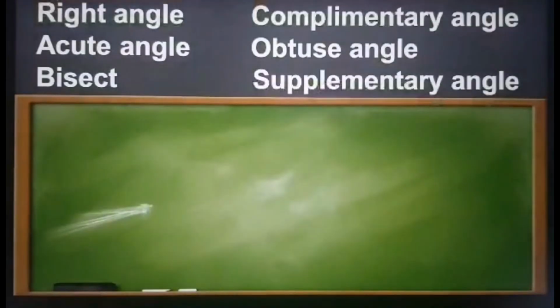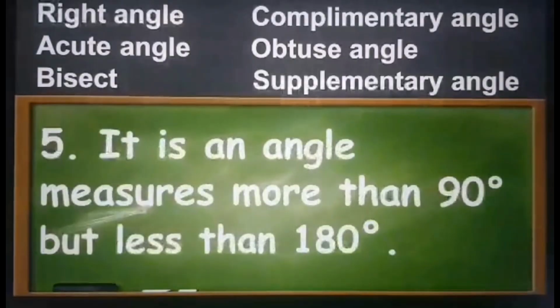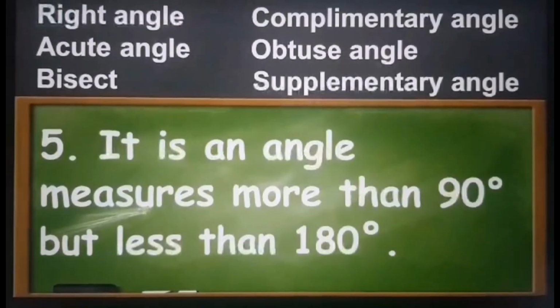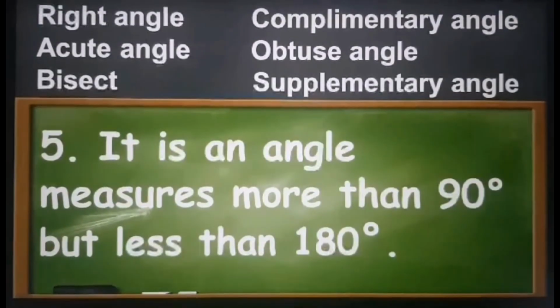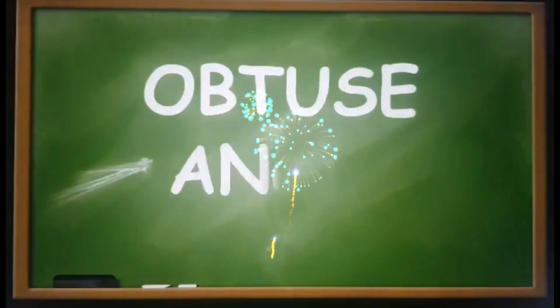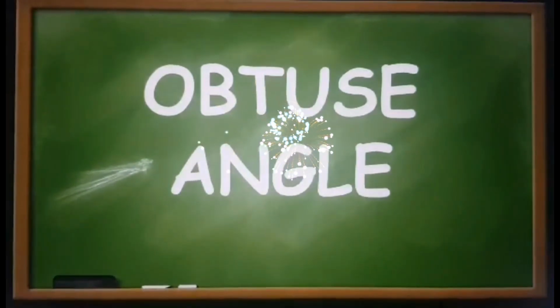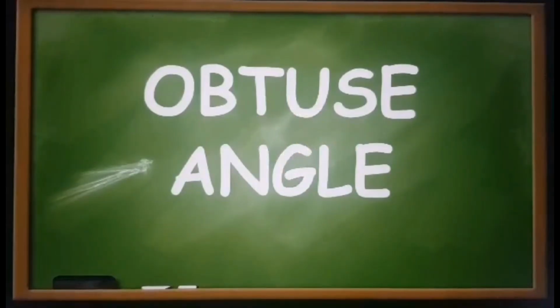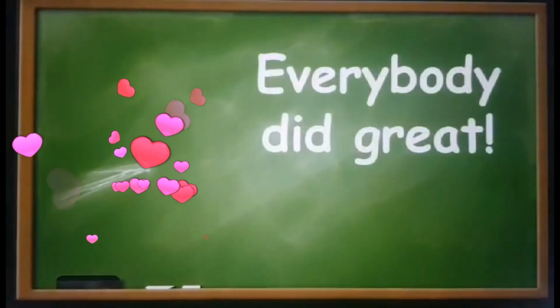And now for the last item, number 5. An angle measure more than 90 degrees but less than 180 degrees. The answer is obtuse angle. Everybody did great.